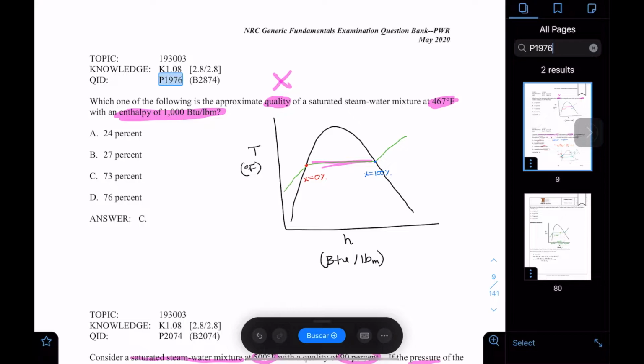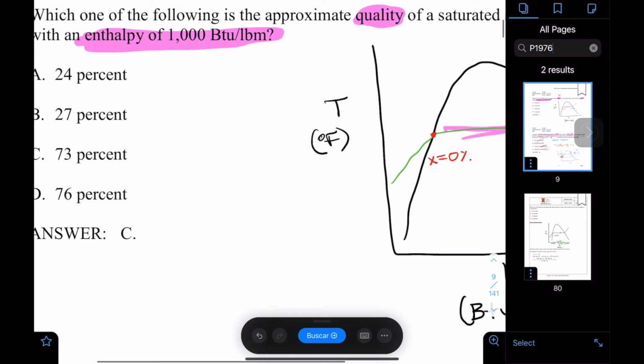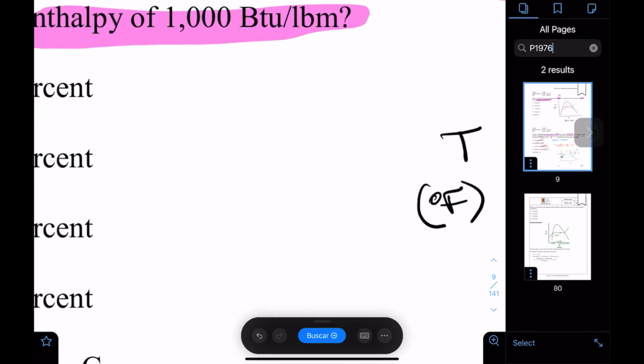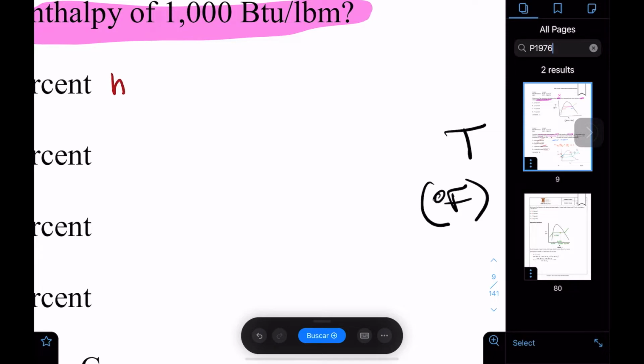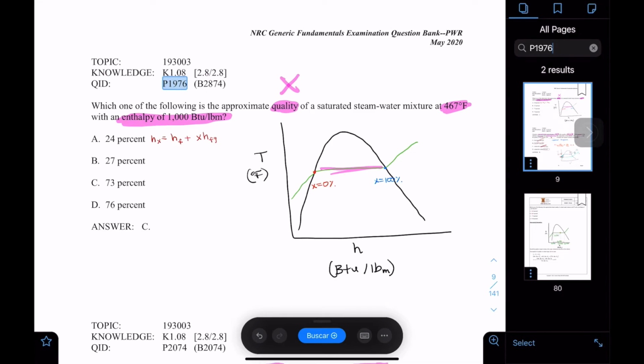So we already have some information. So what is the formula? For this one, we're going to use this formula. We're going to use the enthalpy that we are given. It's equal to the enthalpy of the fluid plus the quality times the enthalpy of the fluid and the mixture. I mean, this is the mixture. So what we're going to do is go to our steam table, right?